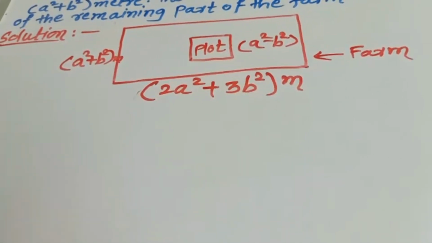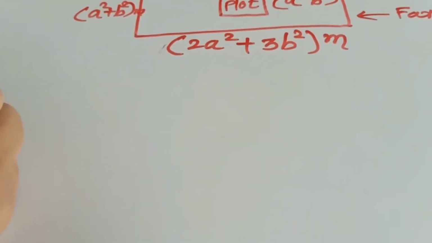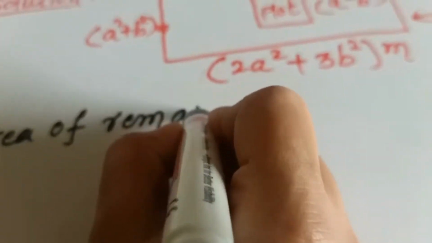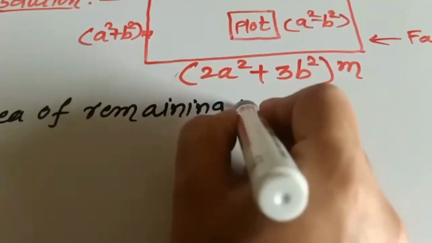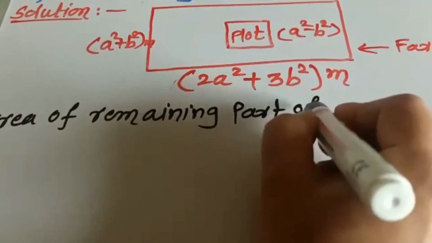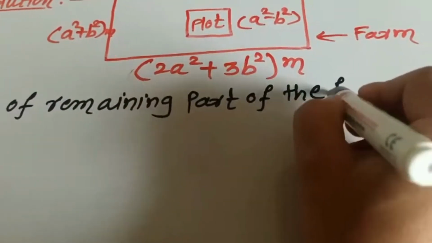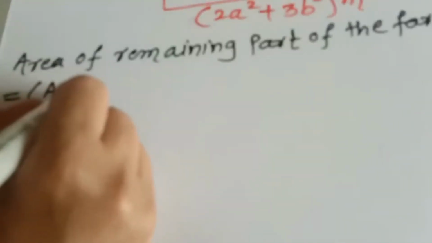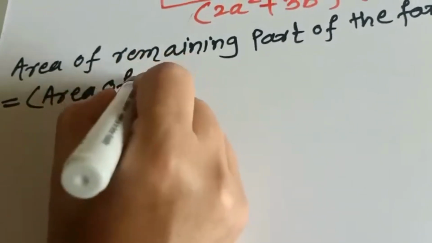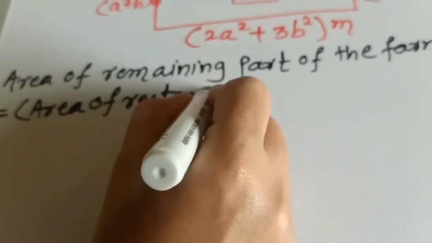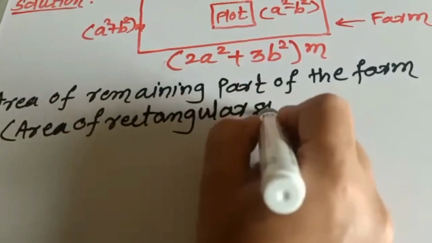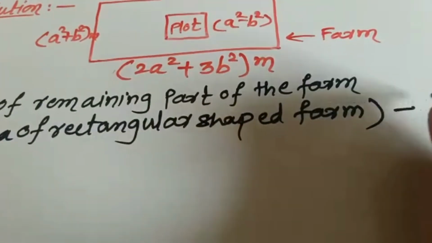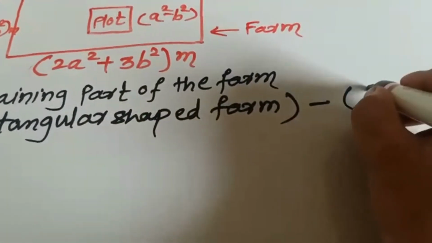Say area of the remaining part of the farm is equal to area of rectangular shape farm minus area of square shape plot.